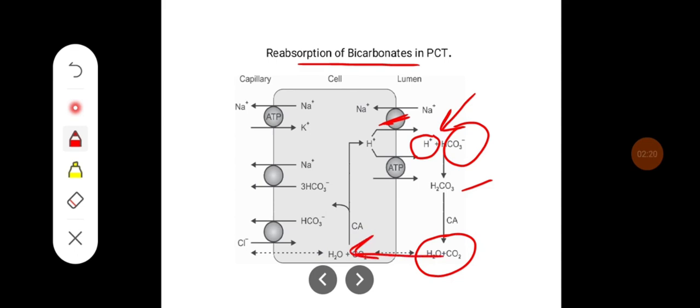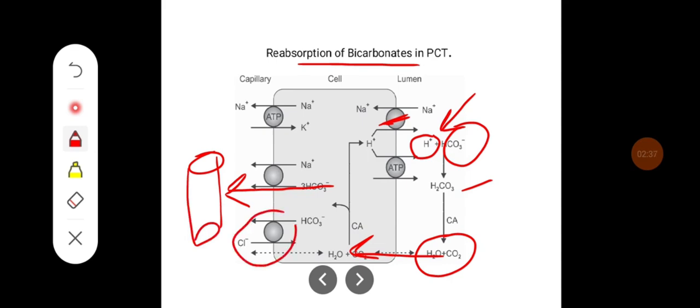When it is reabsorbed, in the cell it again forms H plus ions and bicarbonate ions, and the bicarbonate is transported to the capillaries, and that too occurs with an antiport with chloride ions.